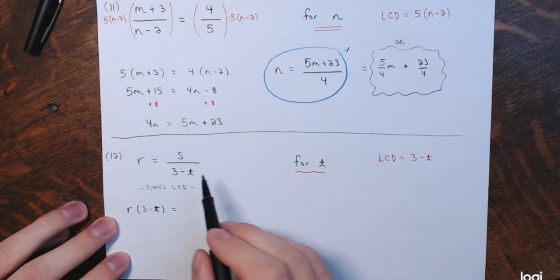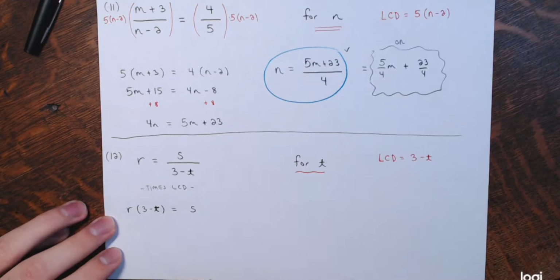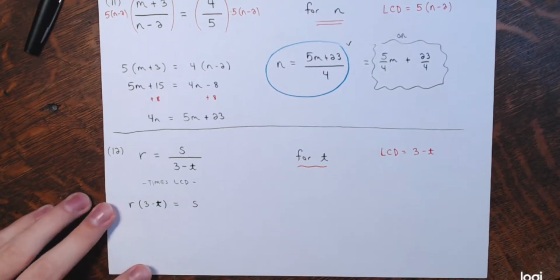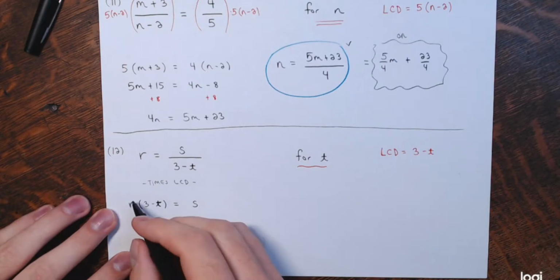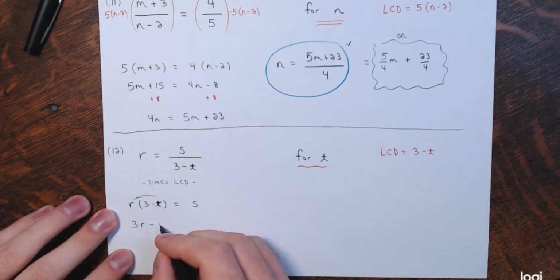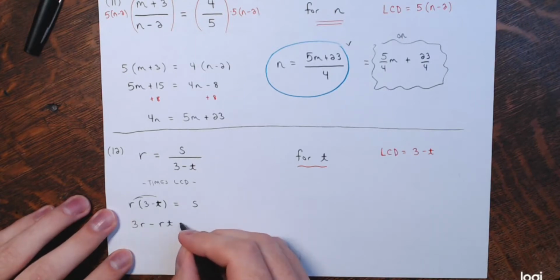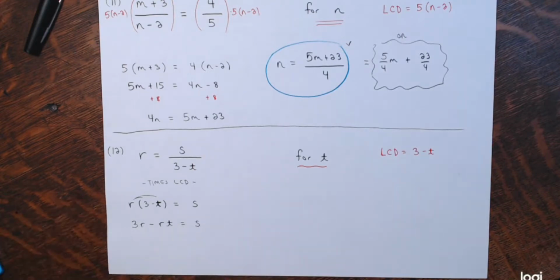The 3 minus t's would cancel, leaving me with s. Alright, now you can simplify the left side here, distributing the r, getting rid of the parentheses. This would be 3r minus, and then r times t, equals s.